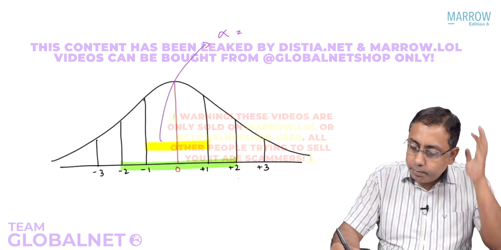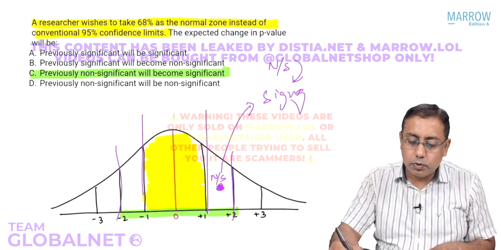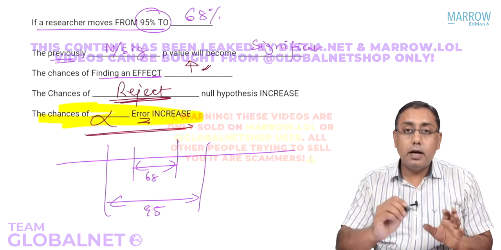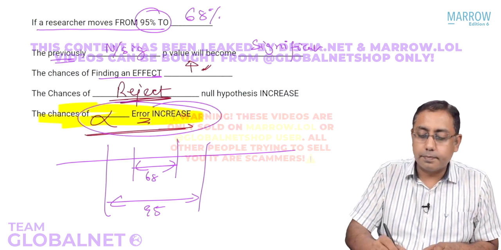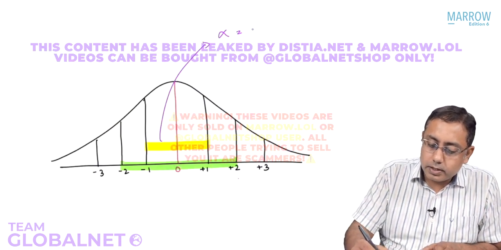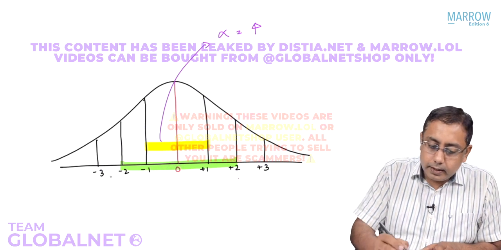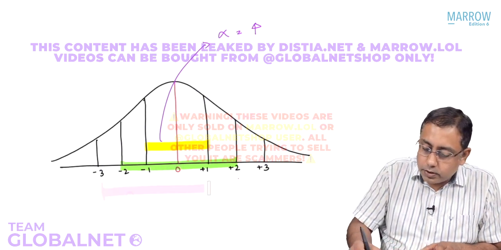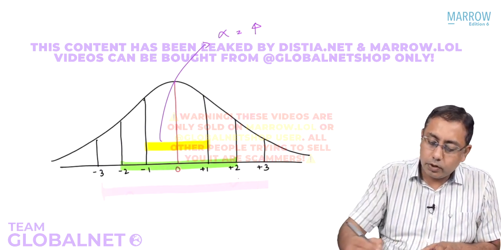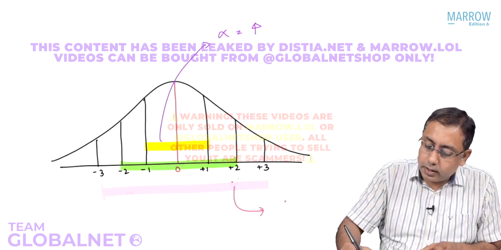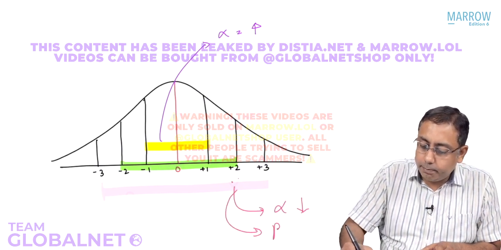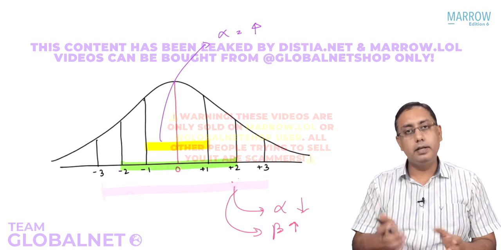The alpha errors are going to increase. And in case you make this your normal zone, the alpha errors will decrease, but on the other hand, the beta errors will increase.